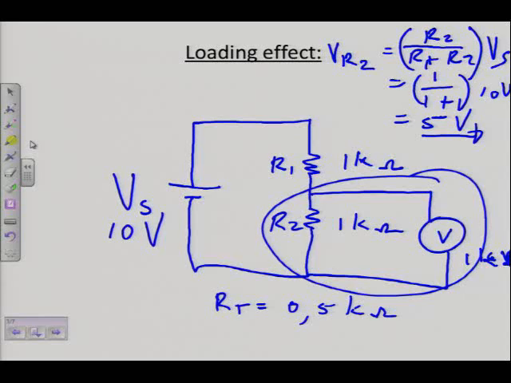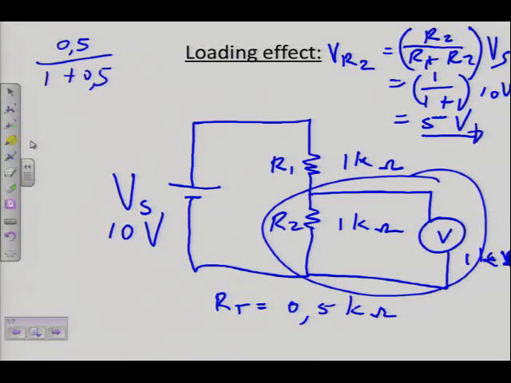Remember I had 1 over 1 plus 1. Now R2 is actually 0.5 over 1 plus 0.5, and that is equal to 1 over 3, isn't it? 1 over 3 times 10 volts is going to give me what?